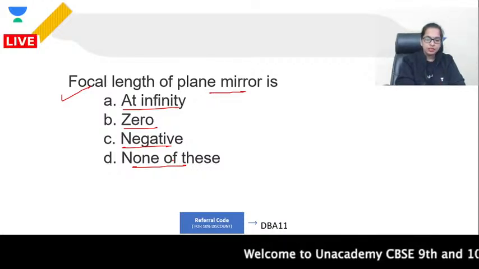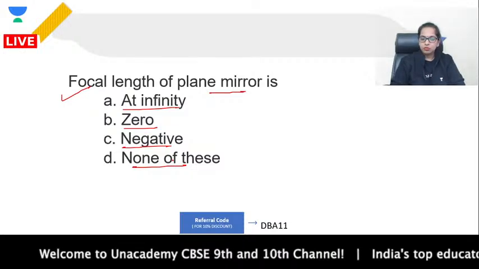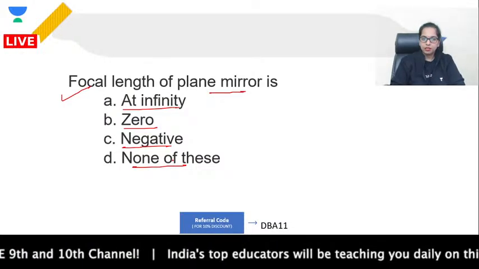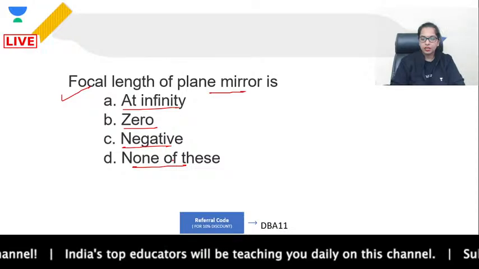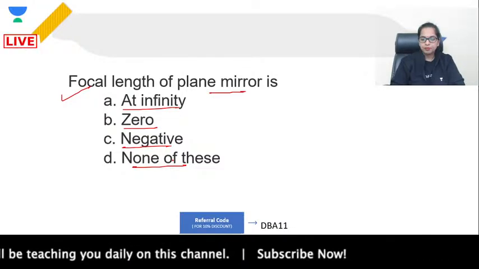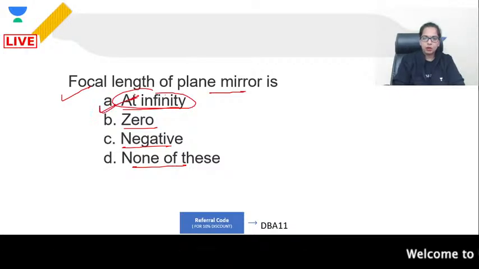The focal length of the plane mirror will be at. सब लोग जल्दी से quickly tell me the answer for this. Focal length of the plane mirror is at infinity, 0, negative or none of these. Yeah, it will be at infinity. ठीक है, infinity is the right answer, option A.